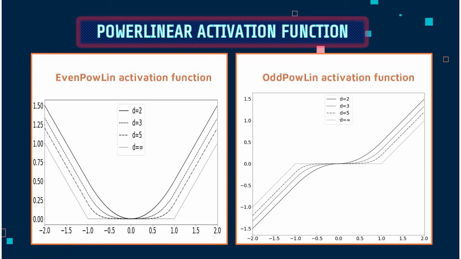Polylinear activation functions are zero-centered and differentiable at all points. They do not eliminate the activity of any neuron. I mean, they direct the activity of neurons with negative outputs toward non-zero values.